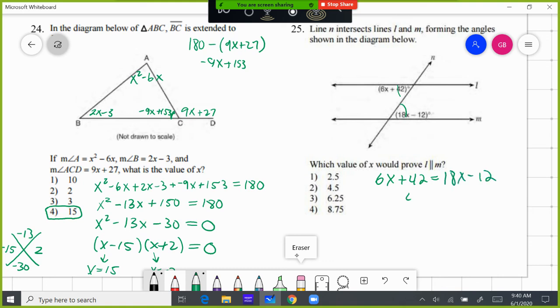Okay. Subtract 6x on both sides. Add 12 to both sides. Oops, sorry. It's supposed to be an x. And then divide both sides by 12. So x is equal to 4.5. All right.